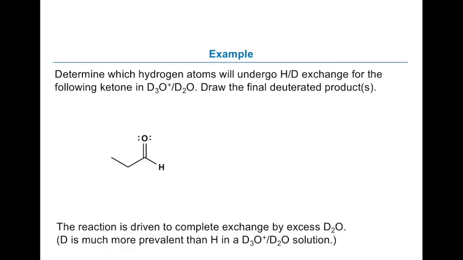So I can take a system like this and treat it either with exchange conditions acidic, in this case D3O plus and D2O, or under basic conditions, and both will give you the same answers. I want to make that clear. It's not like, oh, under acidic conditions these will exchange, under basic conditions others will exchange. Remember, you have 2 different pathways to get your exchanges to happen, enolate under base or enol under acidic. So the centers that can exchange do not change because it's acidic or basic.